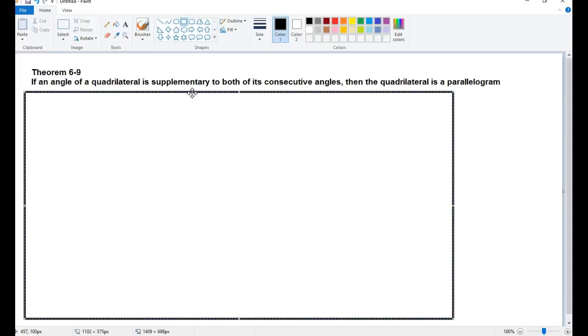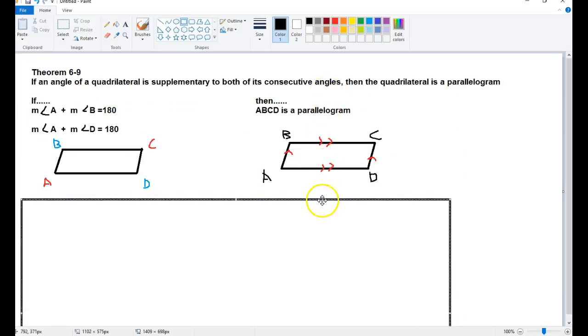This one says, if an angle of a quadrilateral is supplementary, meaning it adds up to 180 degrees, to both of its consecutive angles, meaning the angles that are next to it, then the quadrilateral is a parallelogram. So angle A and angle B add up to 180 degrees, angle A and angle D add up to 180 degrees, then it's a parallelogram.